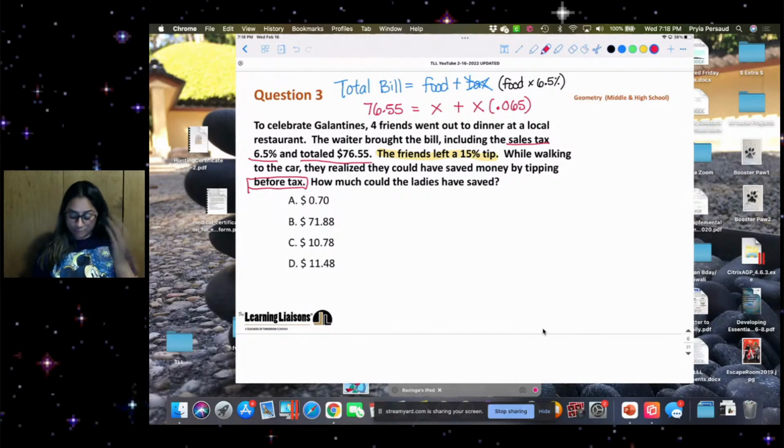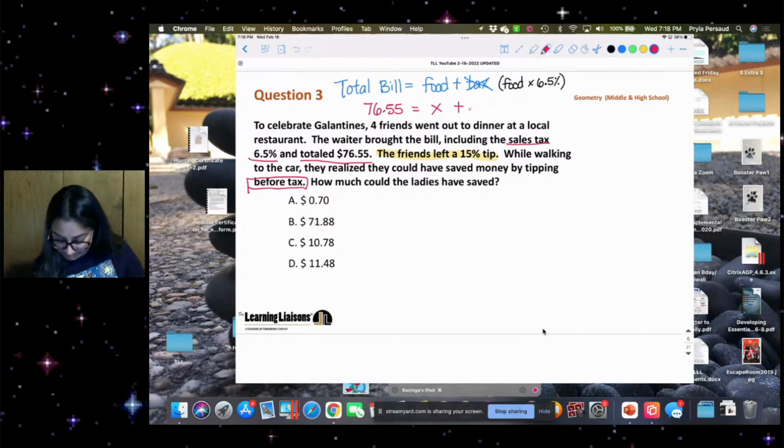Okay, well, if I multiply 0.065 by x, I actually get 0.065x. Okay, that looks a little doable. I can actually add my 2 x's together, and what will I get? I will get 76.55 is equal to 1.065x.